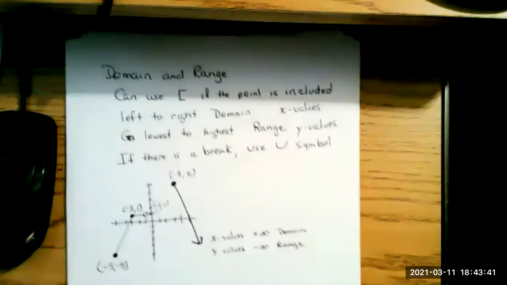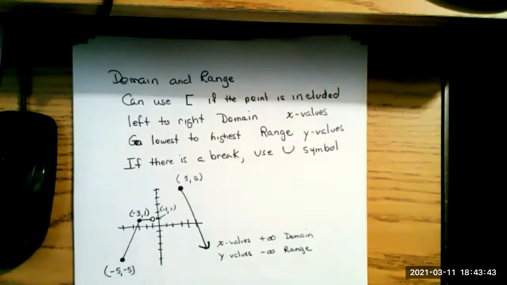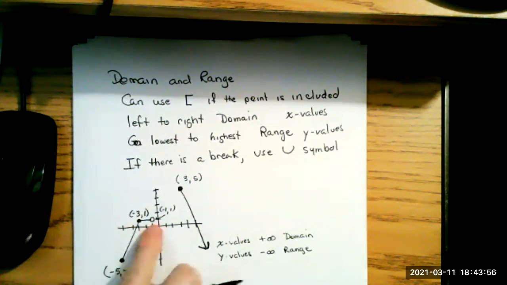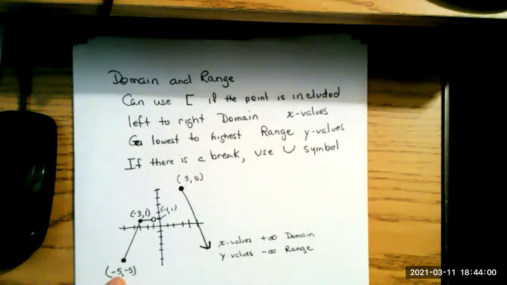Okay, so let's do the domain, and we're talking about the x values from left to right, and we do have a break. All right, so the lowest, the one that's furthest this way, going left to right, the first one we come into would be the x value of -5. Does it include -5?